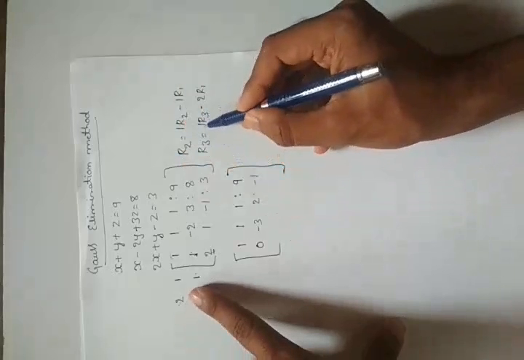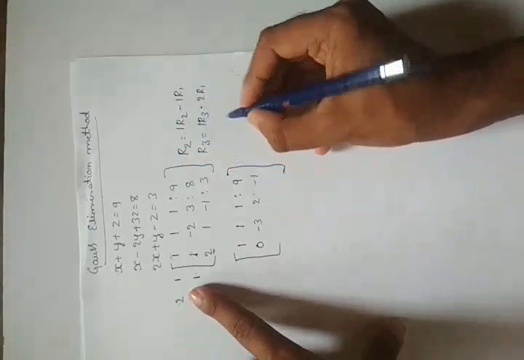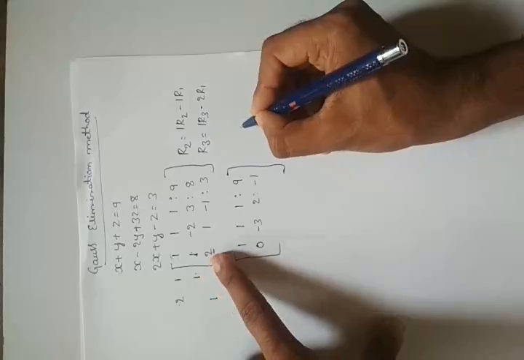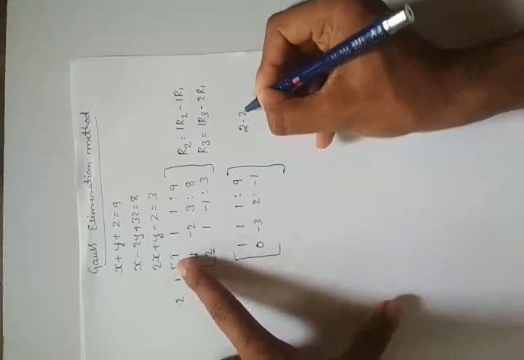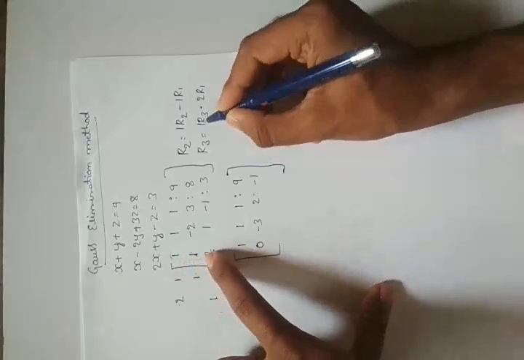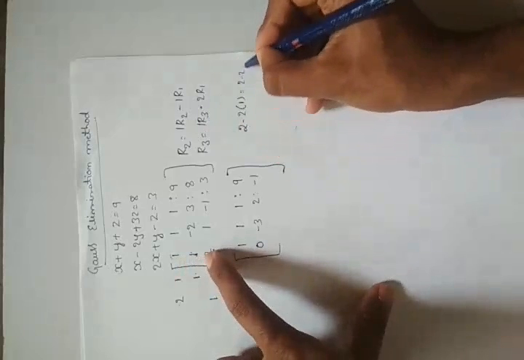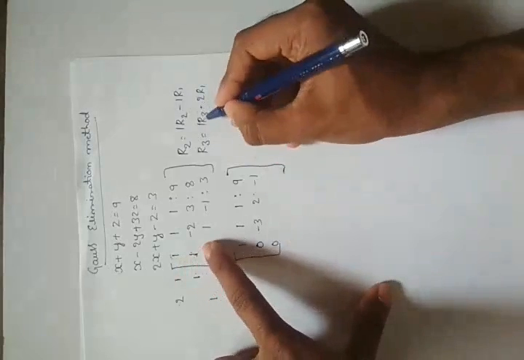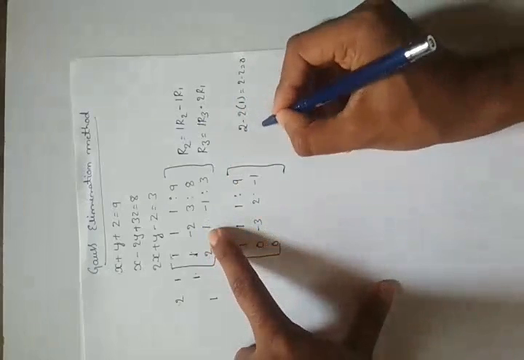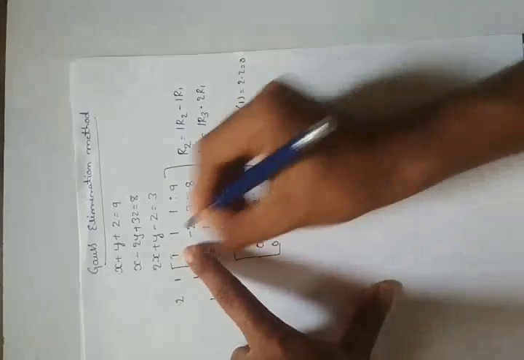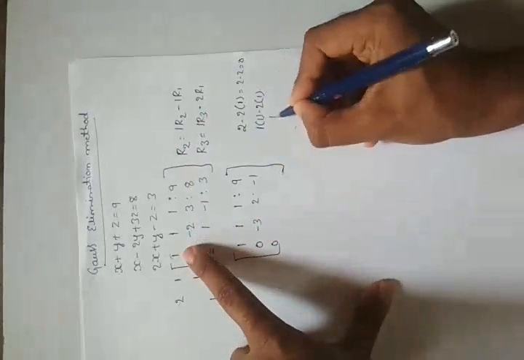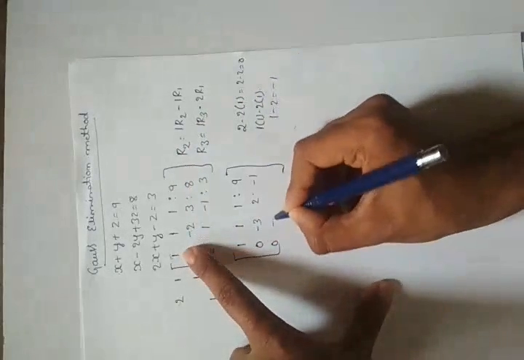For R3, R3 is equal to 1 R3 minus 2 R1. The first element of R3 is 2, minus 2 into the first element of R1: 2 minus 2 is 0, write 0. For the second, 1 into 1 minus 2 into 1: 1 minus 2 is minus 1, write minus 1.